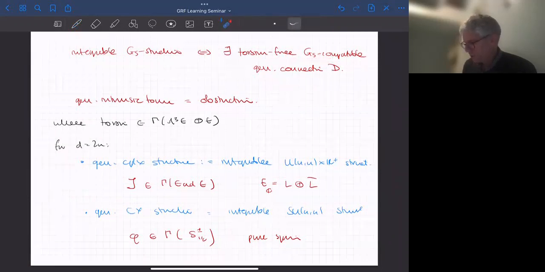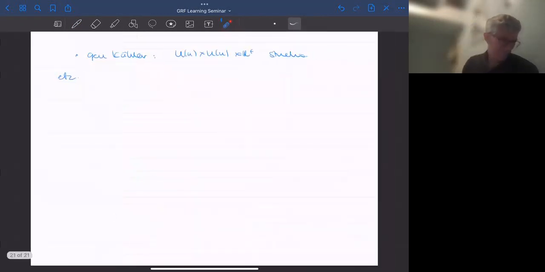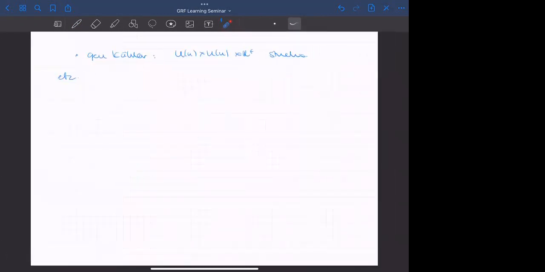So torsion-free for this condition tells you that this bundle is involutive. Here it tells you the spinor is closed, and so on. Okay. Can I add something?